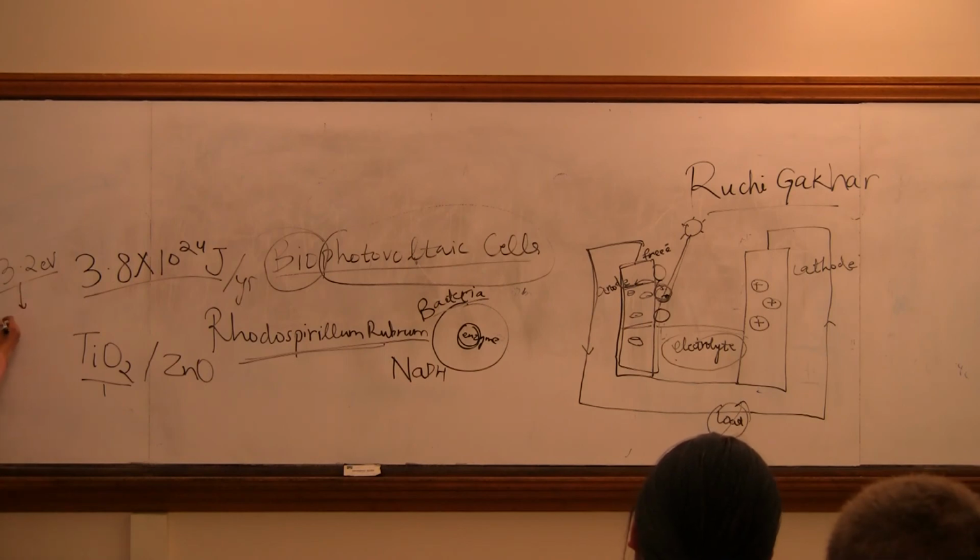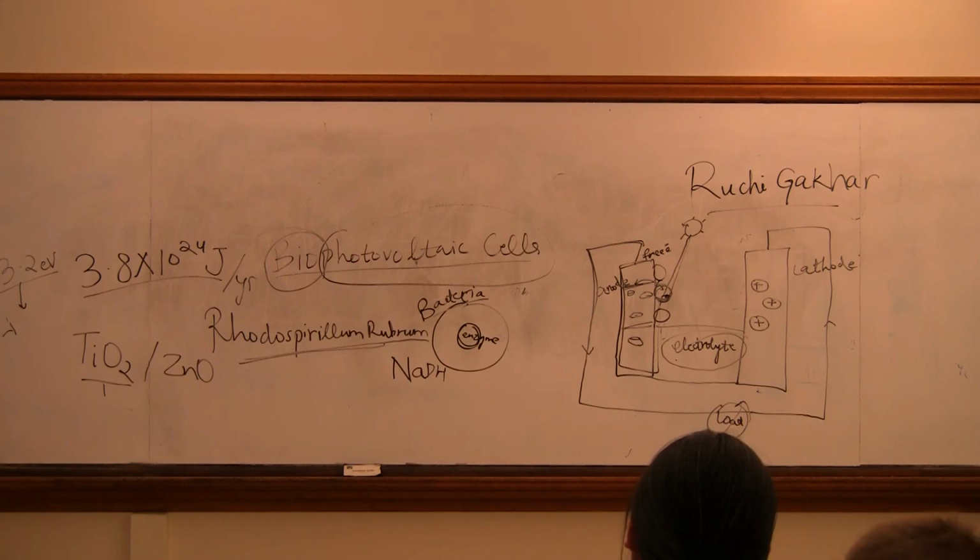The wavelength would be shorter, because energy is inversely proportional to wavelength. If the band gap is high, the wavelength they absorb is very limited. So to make them efficient, they should absorb the whole spectrum: the IR region, UV, and visible. That's why we modify it.